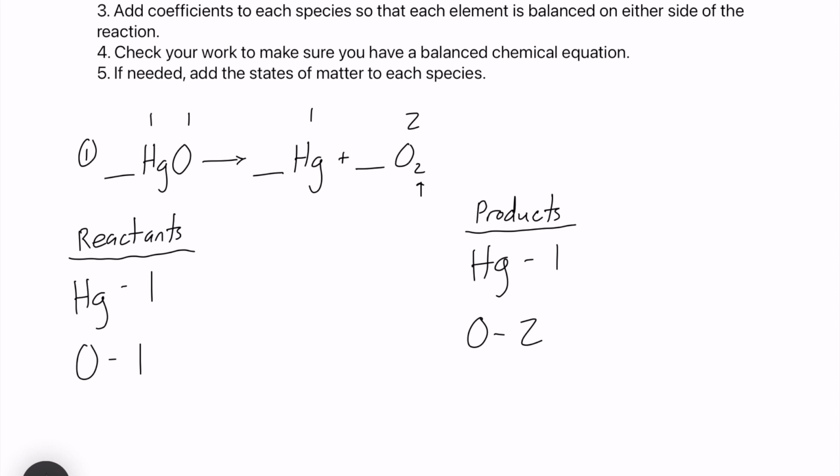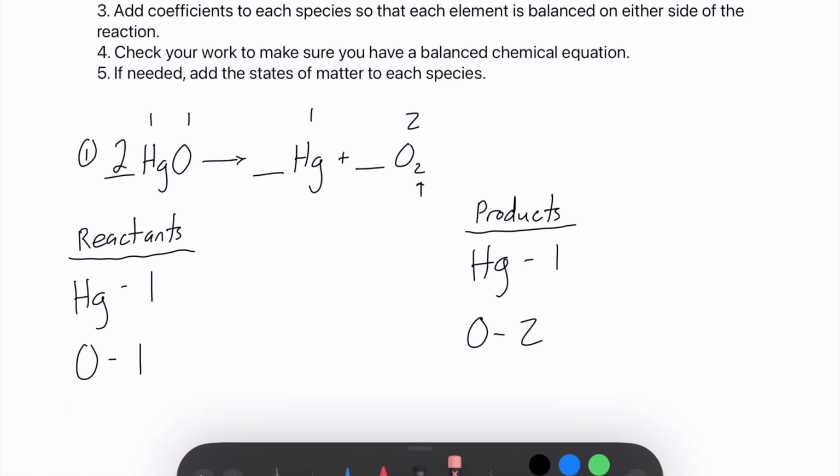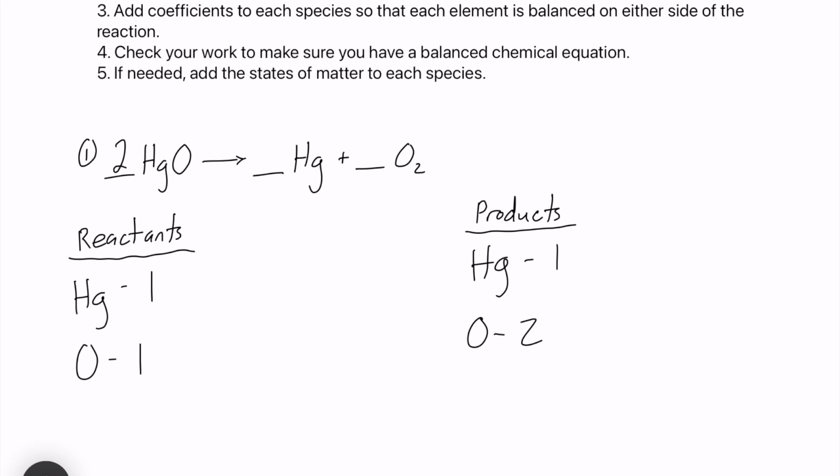Okay, so now we can add coefficients to the beginning of each species to balance this equation. So let's try and make everything balanced here. So we know we'll need at least 2 oxygen on the reactant side, since we already have 2 on the product side. So we'll have a 2 in front of mercury oxide.